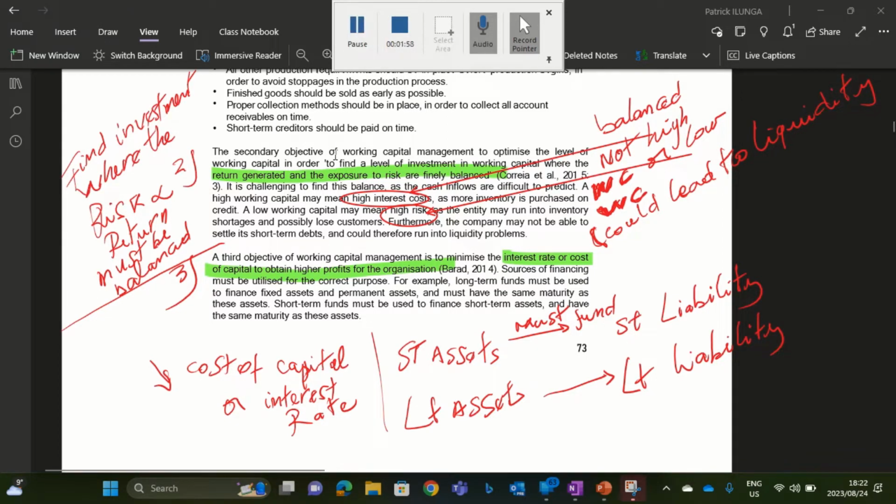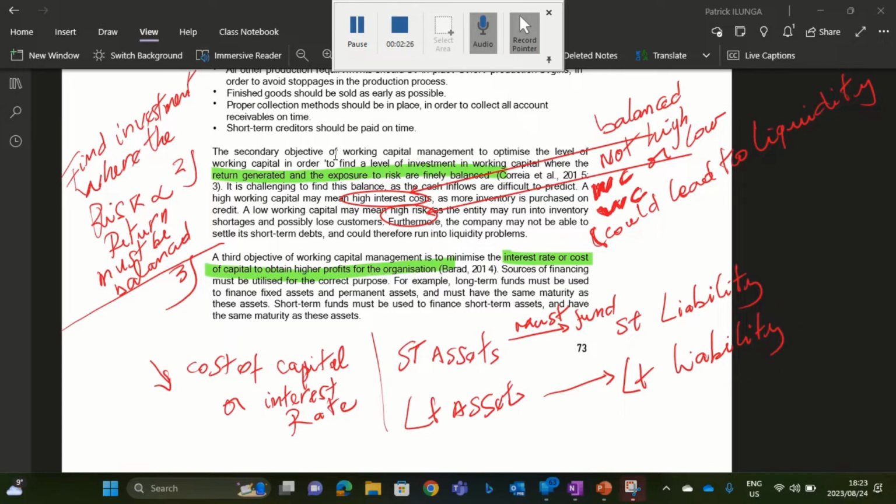So when we obtain the funds via debt, we need to use short-term debt or short-term liability to fund short-term asset. And when we are unable to pay, we would obviously sell short-term asset to be able to repay those short-term liabilities.